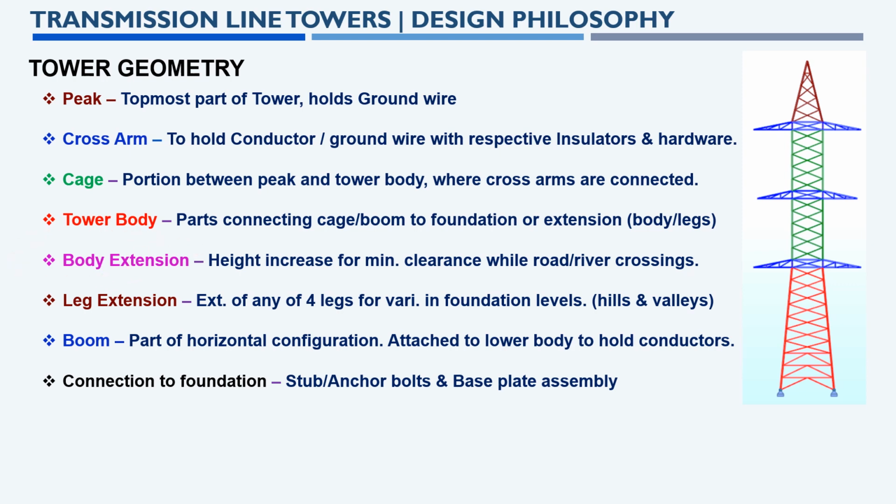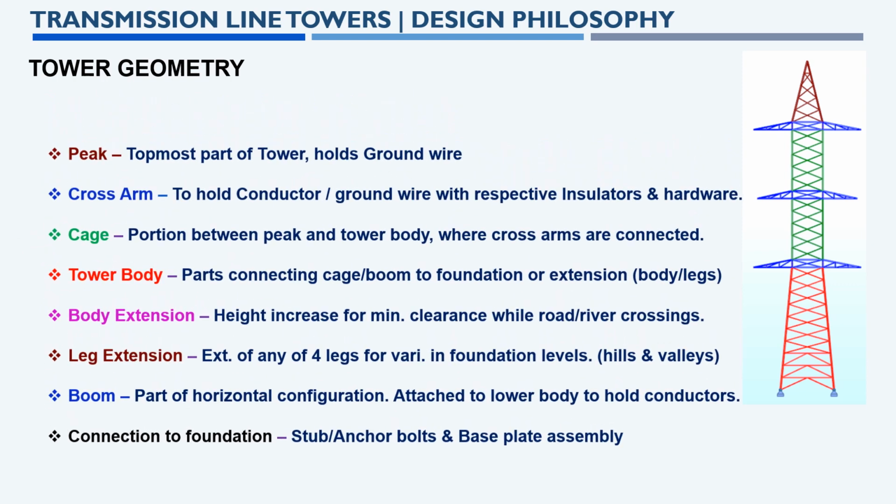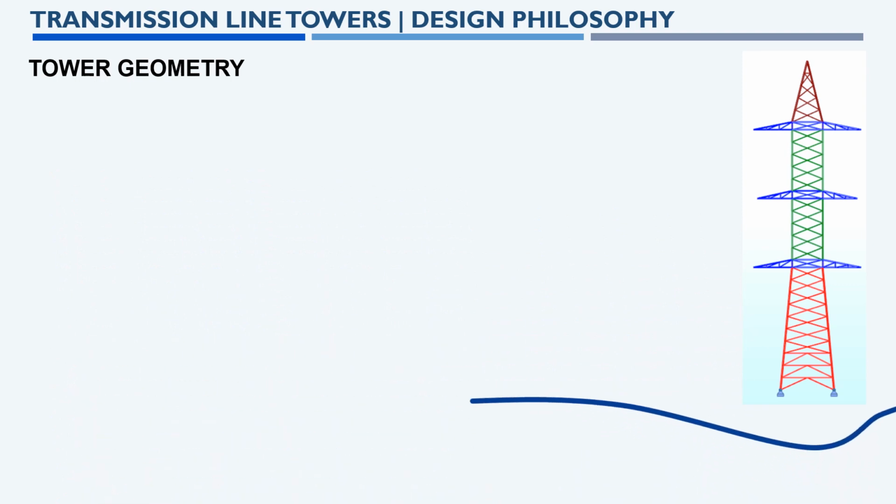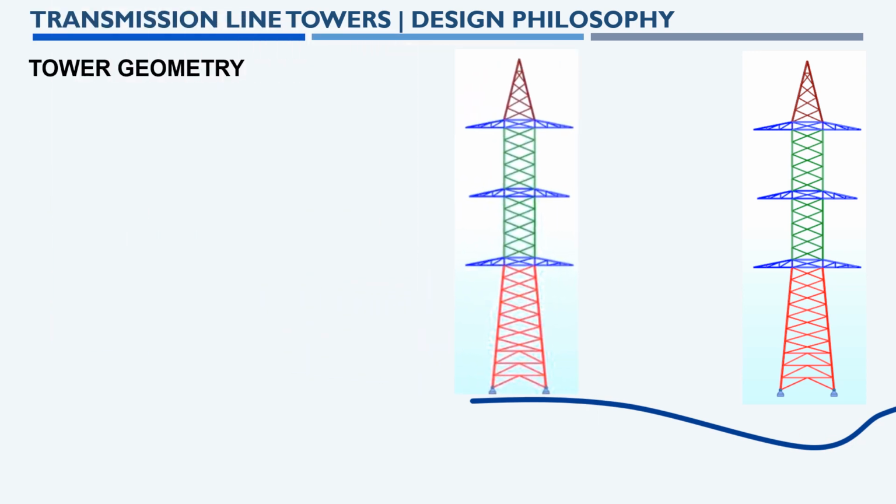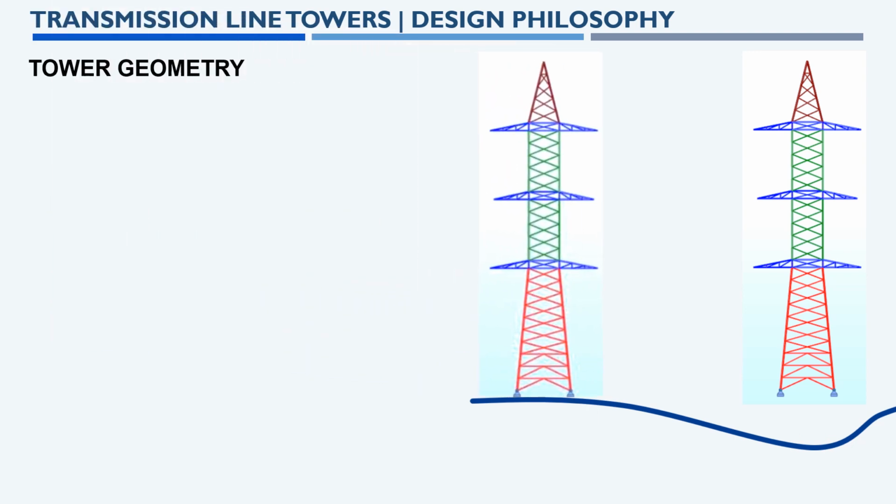Body extension is nothing but this. Suppose this tower is located at a lower level. You can see here there is a gap in the level, a gap in the area where this tower should be laid over the ground. Also the other tower, which you can see, is located exactly on the ground. So we need to match this tower height using a frame called body extension.